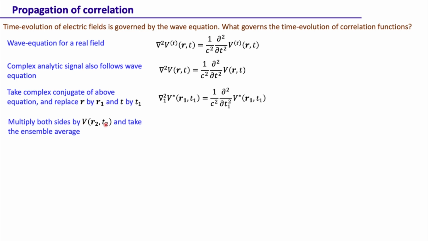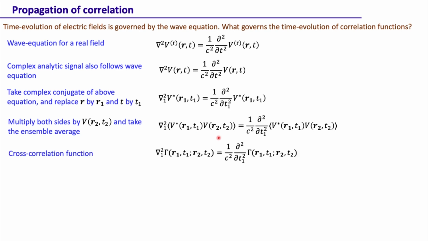Now we multiply both sides of this equation by V(r2,t2), and then take the ensemble average. So this quantity also now follows this wave equation. Now what is this quantity? This is the cross correlation function gamma(r1,t1,r2,t2).